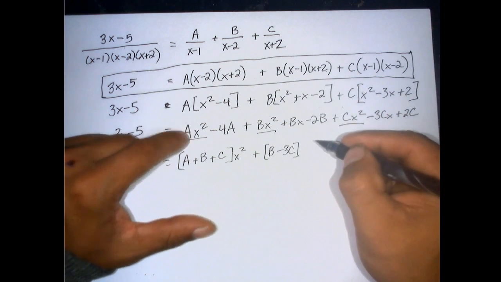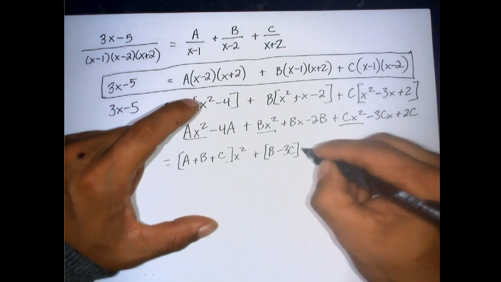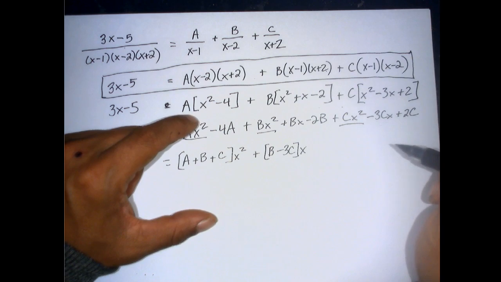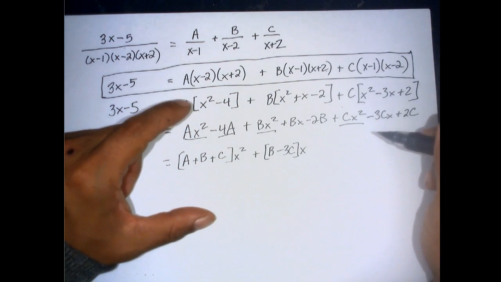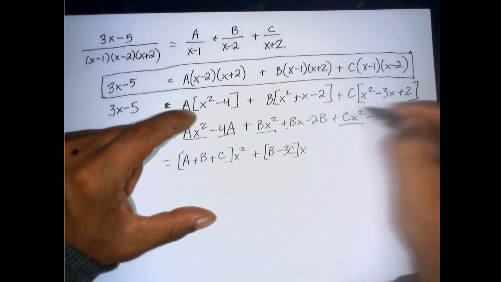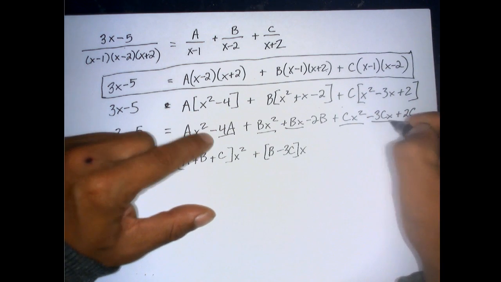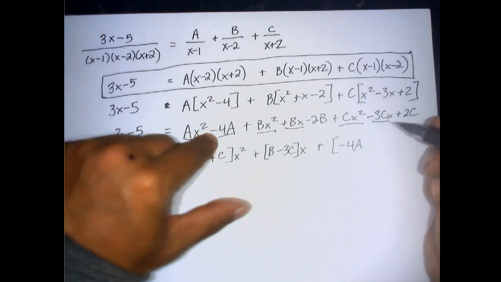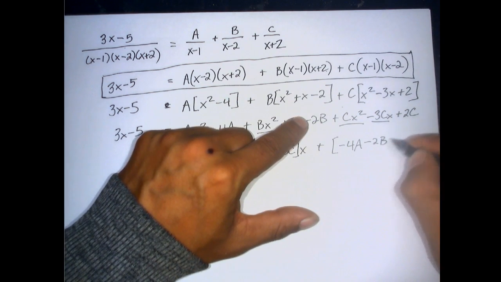Remember this term, this makes it a little easier that this term doesn't have A, and you'll see why in a minute. So it's (B minus 3C)x, and then there's a constant: 4 plus negative 4A minus 2B plus 2C.